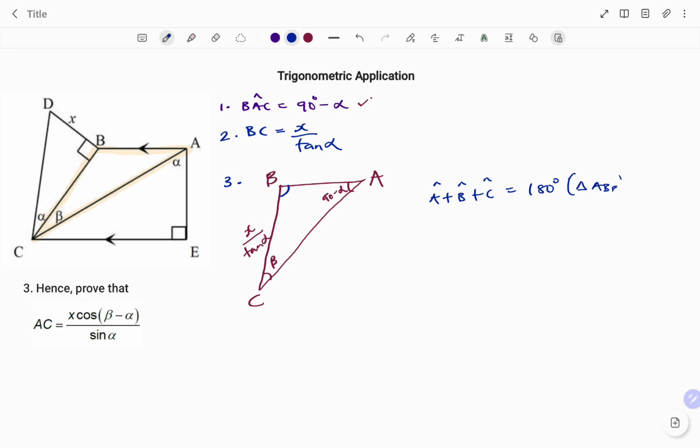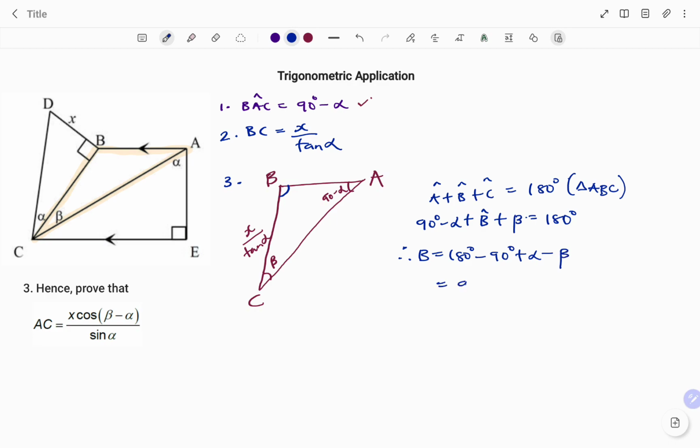Therefore, putting in the value, I have A to be 90 minus alpha, plus B, plus C, that's beta, equals 180 degrees. Making angle B my subject of the formula, I have therefore angle B equals 180, and I'm going to move every other term to the other side: minus 90 degrees plus alpha minus beta.